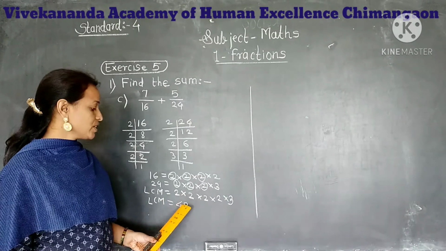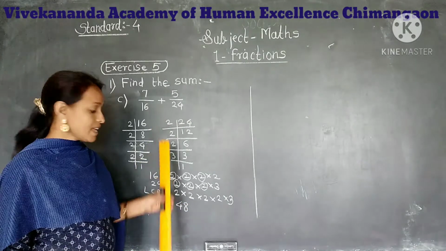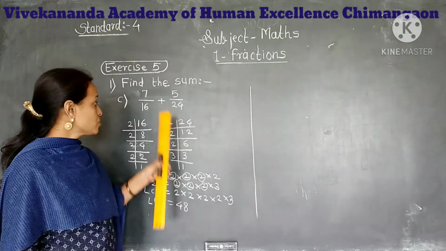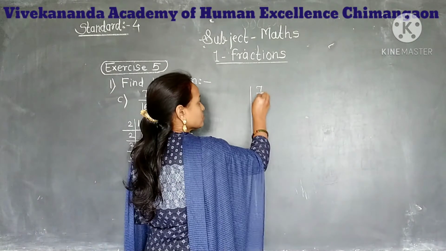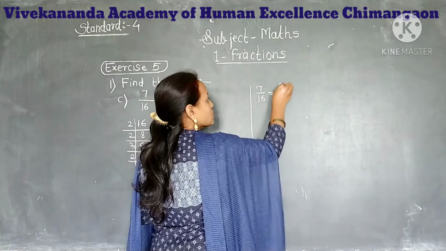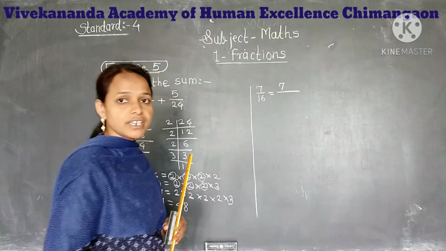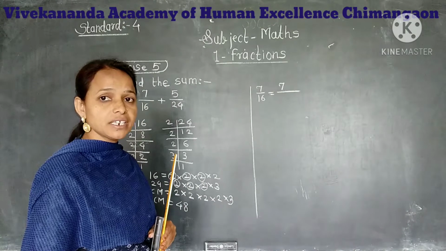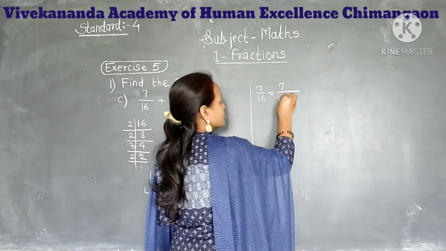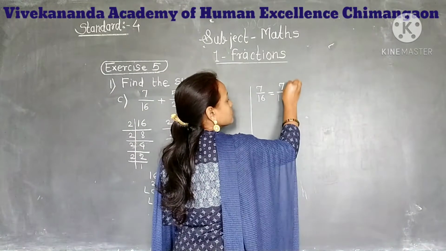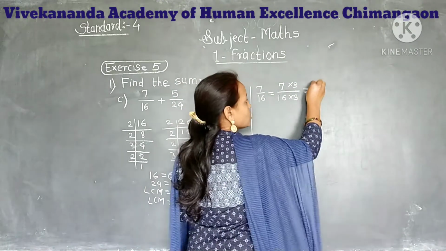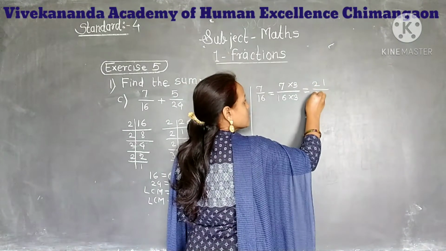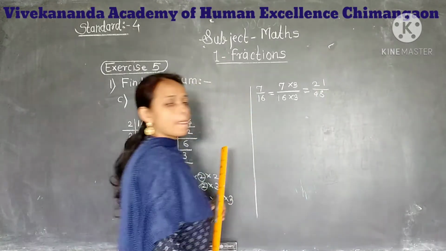Now we have to change the denominator to 48. The first fraction is 7 upon 16. 16 threes are 48, so we multiply 7 by 3 and 16 by 3. We get their products: 7 threes are 21, 16 threes are 48.